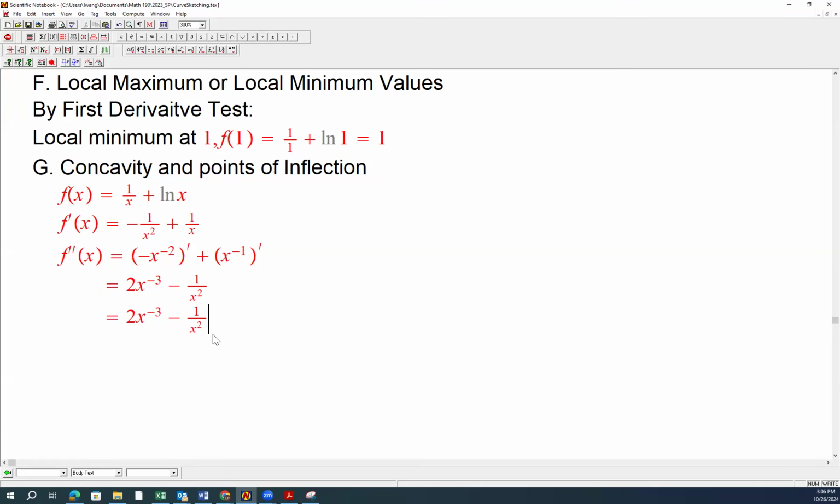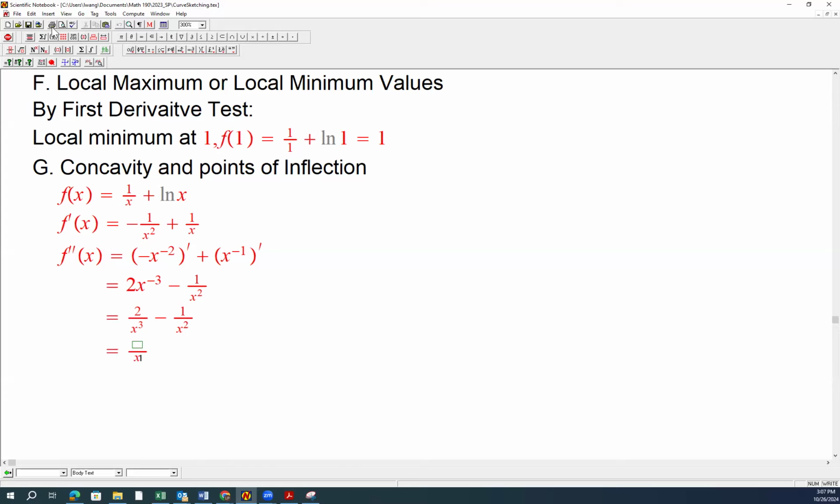You can pause here if you're not following me. So we're going to write it in this form, x raised to the power +3. The common denominator is x raised to the power 3.